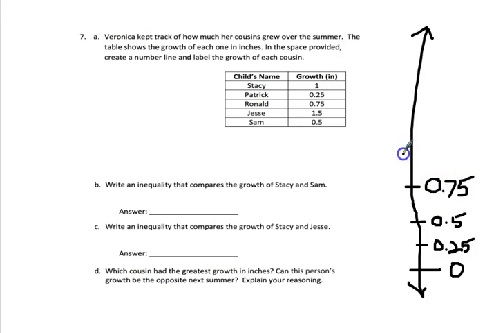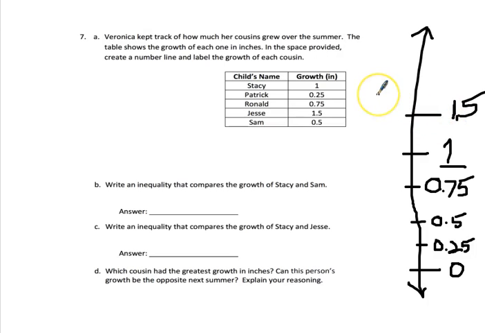Okay, and then we have Stacy, who grew 1 inch. And then we have Jesse, who grew 1.5 inches. Okay, so your number line should look something like that.